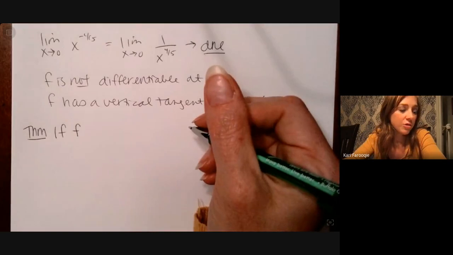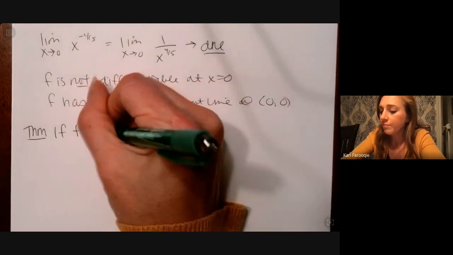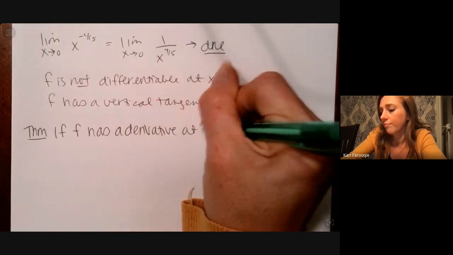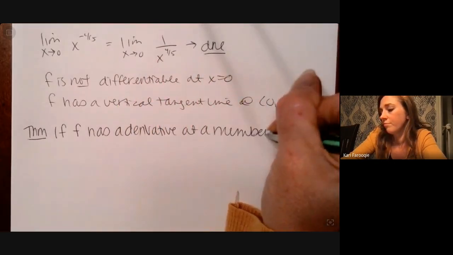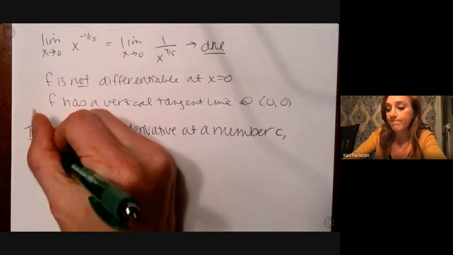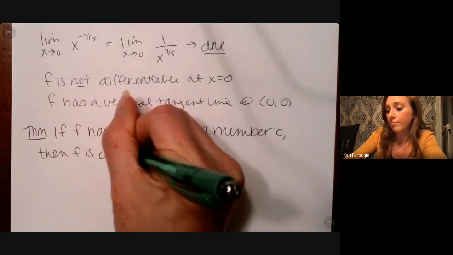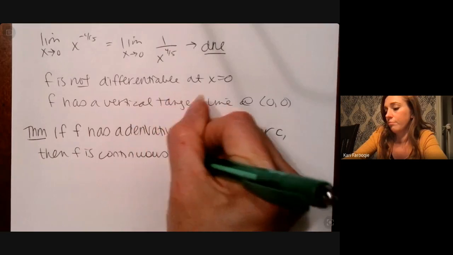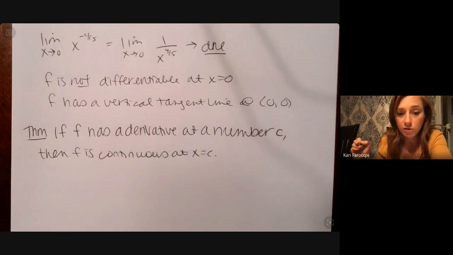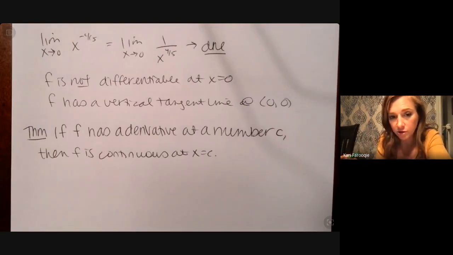Theorem: if f has a derivative at a number c, then f is continuous at x equals c. So if the derivative exists at that number, then it is a given that the function's continuous at that number.